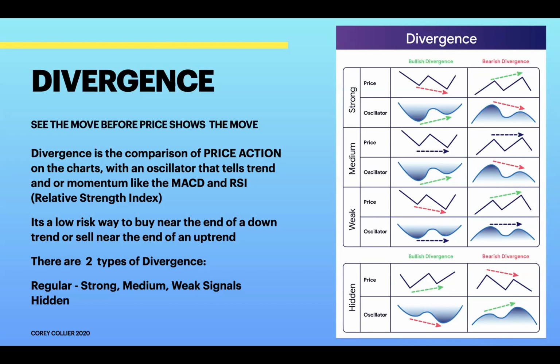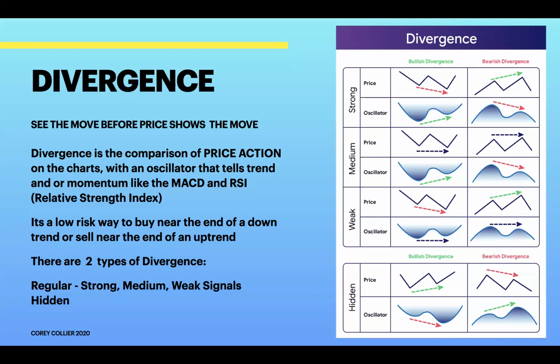And then you've got, last but not least, hidden. Hidden divergence is probably going to be the last one that you guys pick up on, obviously, because it's hidden and it takes a moment for you to understand what's going on.